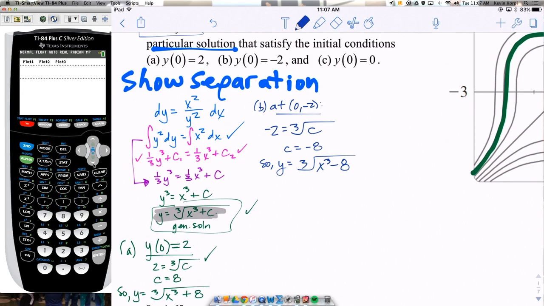And if I graph that in y2, let's see what I get. I should get, oops, -8 to the 1/3. Hit graph. This one will show up in red. It's passing right through -2 perfectly, and there it goes.